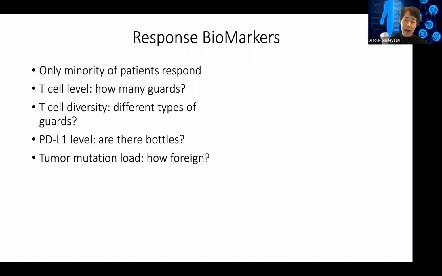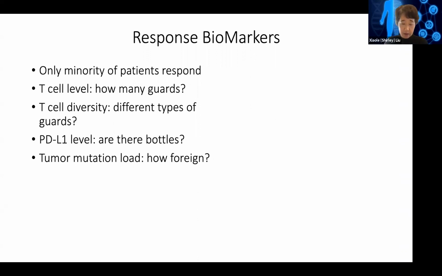That's when PD-L1 gets activated. And so if we see a higher level of PD-L1 expression on the cancer cells, this is an indication that the guards were trying at least to kill. And so you can imagine this is a sign that the T cells have been activated before. And so that's a very, very important biomarker.